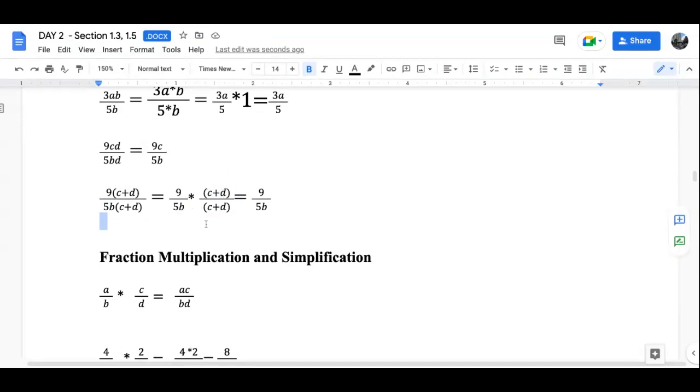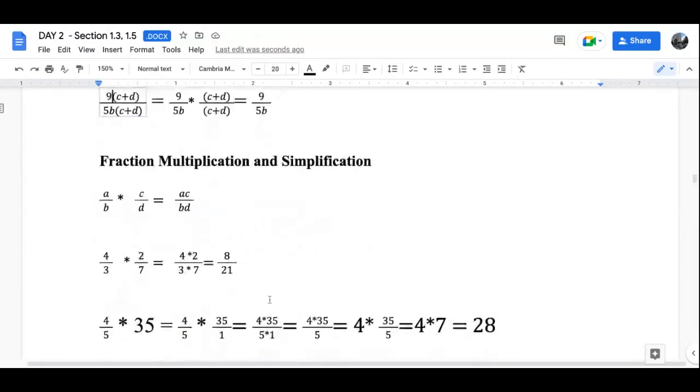Now c plus d over c plus d, that's 1. So we are just left with 9 over 5b. So that means when we have a common factor, you see the numerator, 9 multiplied by this binomial, denominator 5b multiplied. So the relationship is multiplication. Then we can cancel the same common terms.